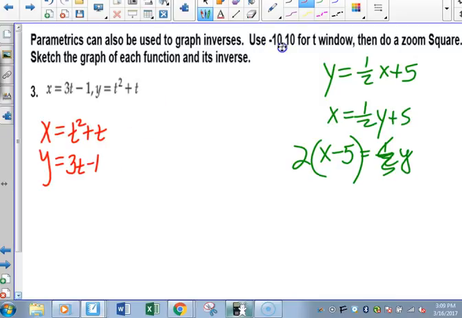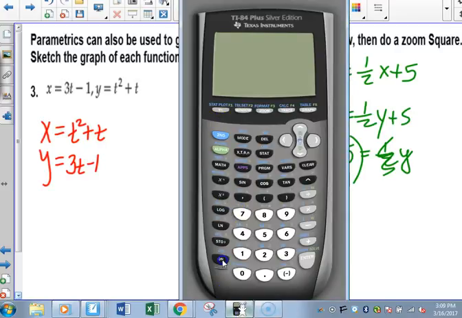All right, we're going to graph this. It does say to use -10 to 10 for t. I just want you to see that they are inverses because do you remember what an inverse does to the graph? It flips it across a particular line. Do you remember the line? Y equals x. Yep, because remember that's what we're doing, flip-flopping the x's and the y's.